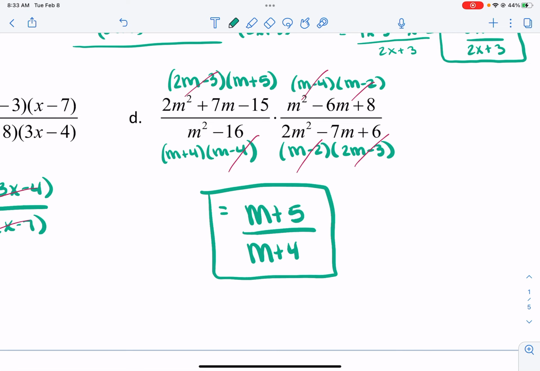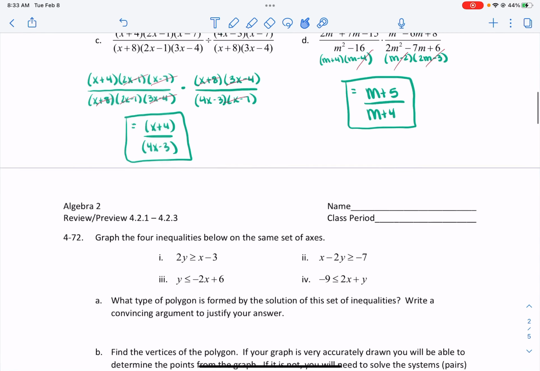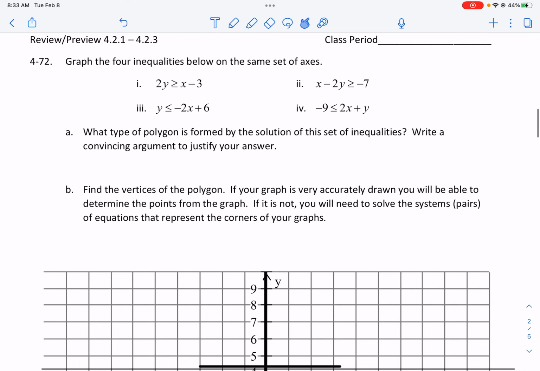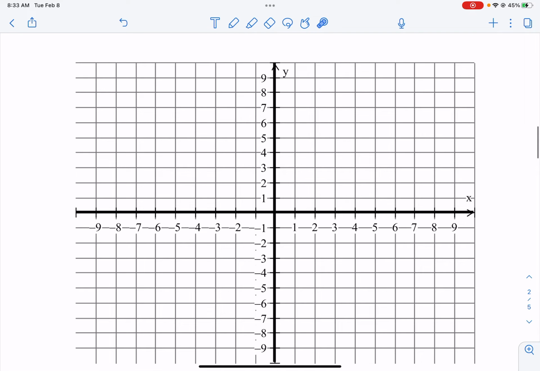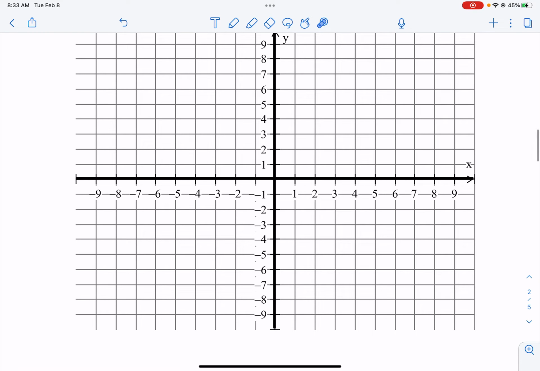Okay, next page here. So we're graphing these 4 inequalities on the same set of axes below. So what you're going to do is type each of these into Desmos so you can graph them. When you do that, you're going to see that it creates this rectangle with perpendicular lines.